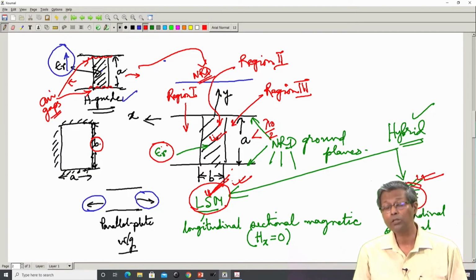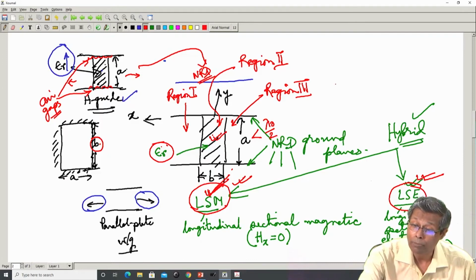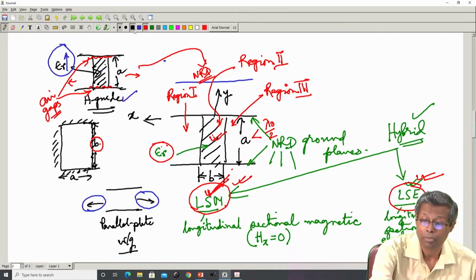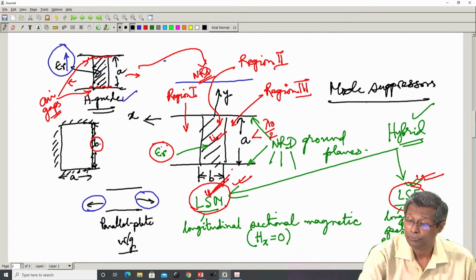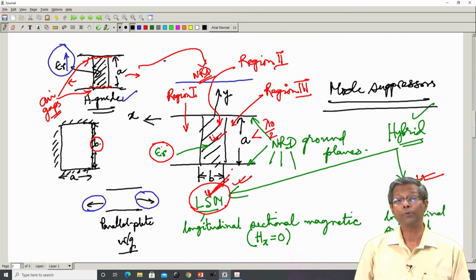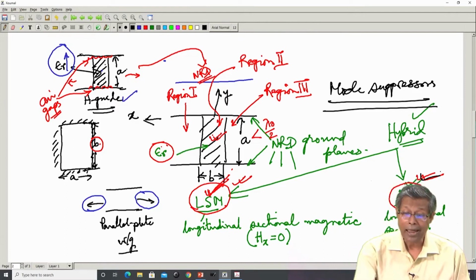So, if the excitation of the LSE 00 mode is appreciable, then it has to be suppressed, and such suppression has to be done by components called mode suppressors. So, the mode suppressor would essentially stop the LSE mode and enable the propagation of the LSM mode.